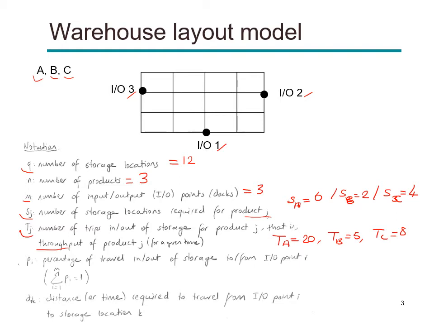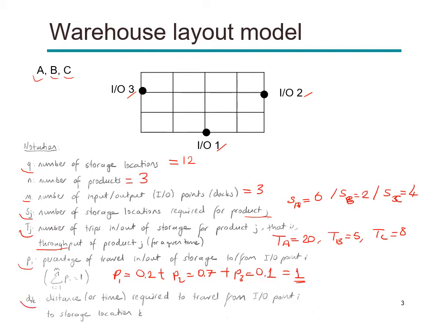The percentage of travel between each one of these input and output points is also given. So for our case, this P1 with first input output point was 0.2, P2 was 0.7, and P3 was 0.1. And their summation should be equal to 100%.